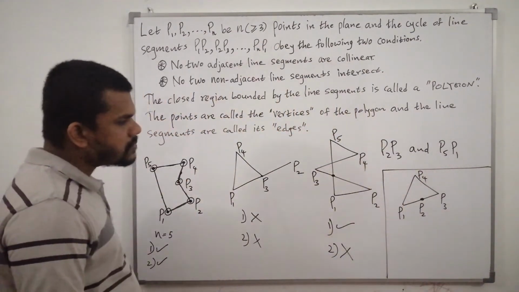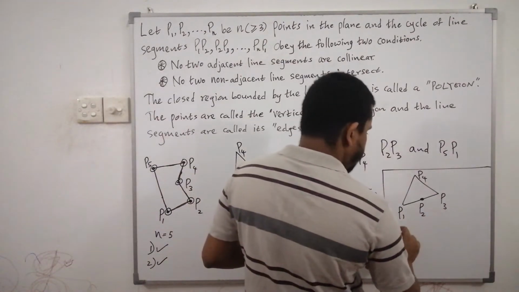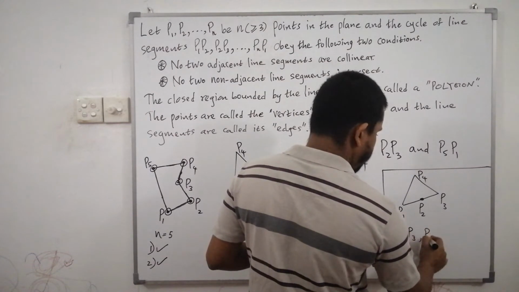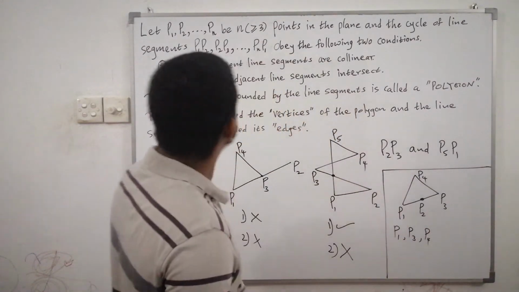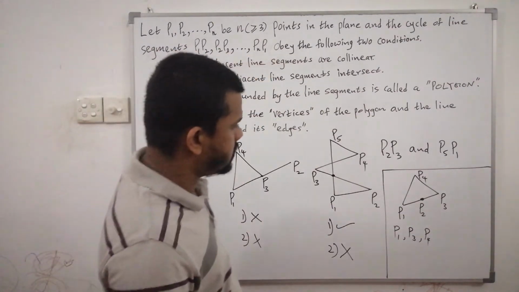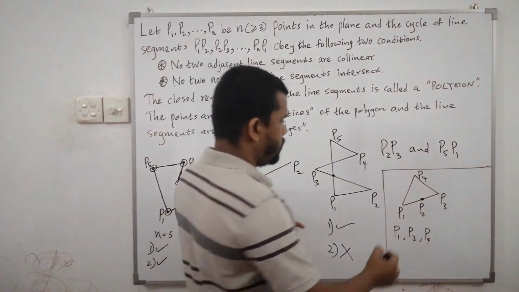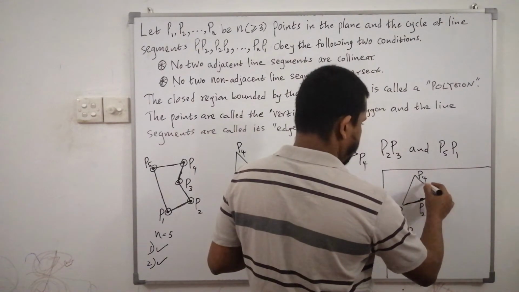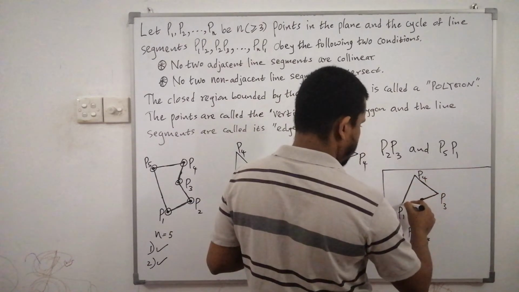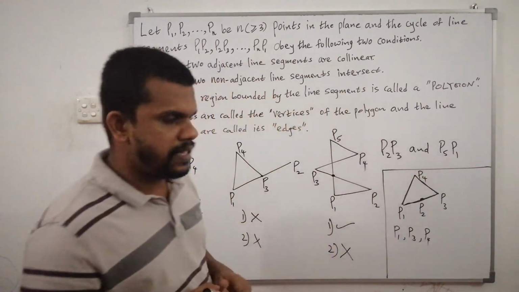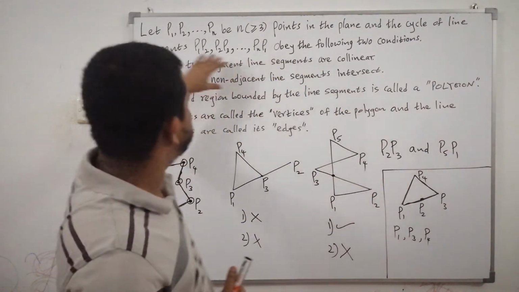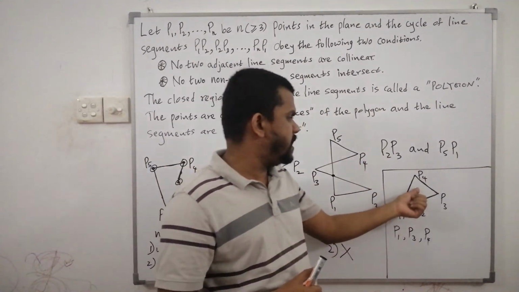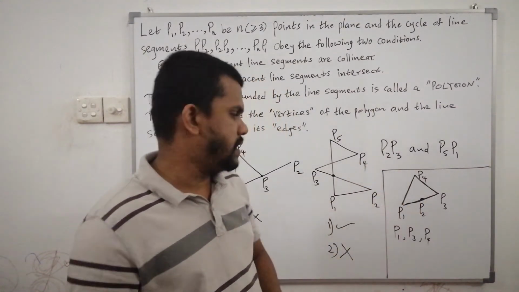Now, if you consider the points P1, P3, P4 and their corresponding line segments, P1P3, P3P4, P4P1, those three line segments obey these two conditions, and therefore this region is a polygon.